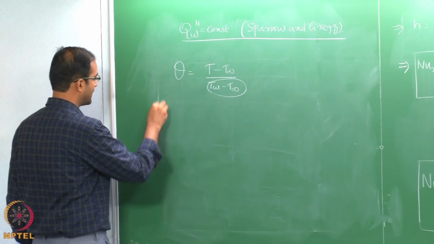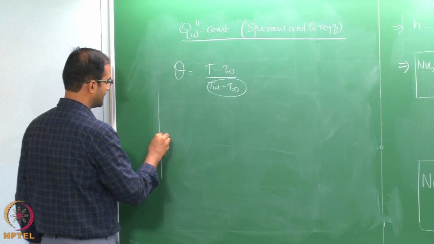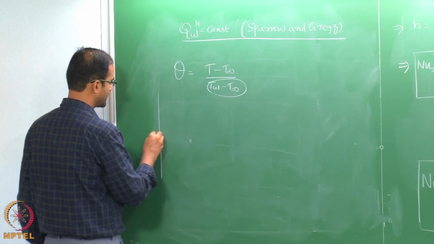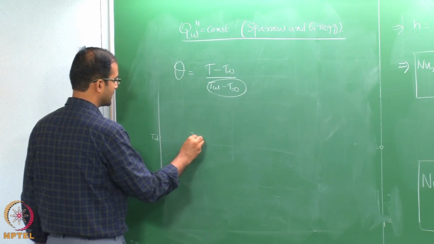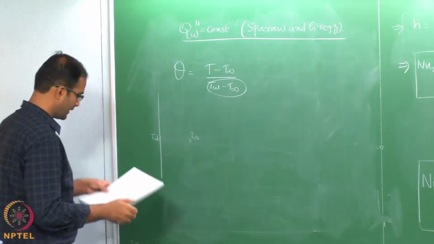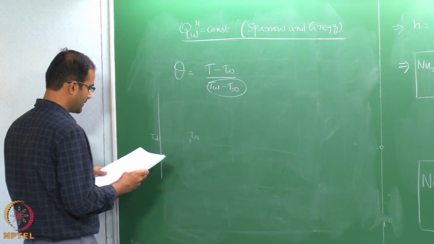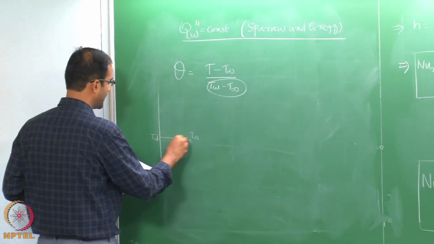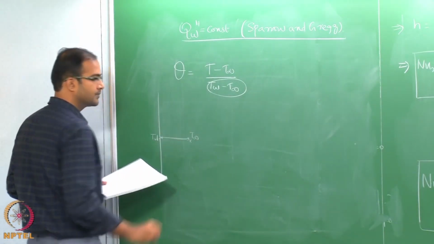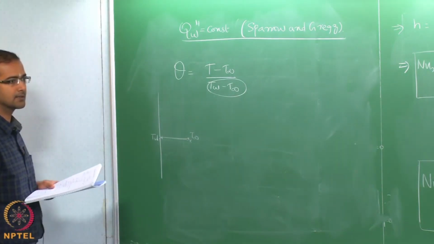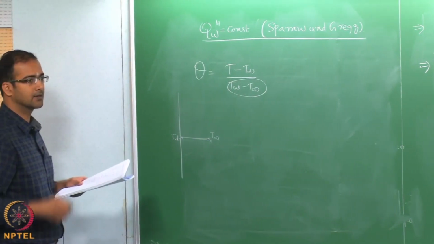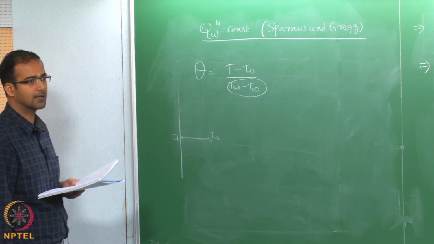So, similar to the flat plate case, we can assume this is your T wall, this is your T infinity, and therefore, we can relate some kind of scaling to convert this temperature difference into heat flux using the Fourier conduction equation.